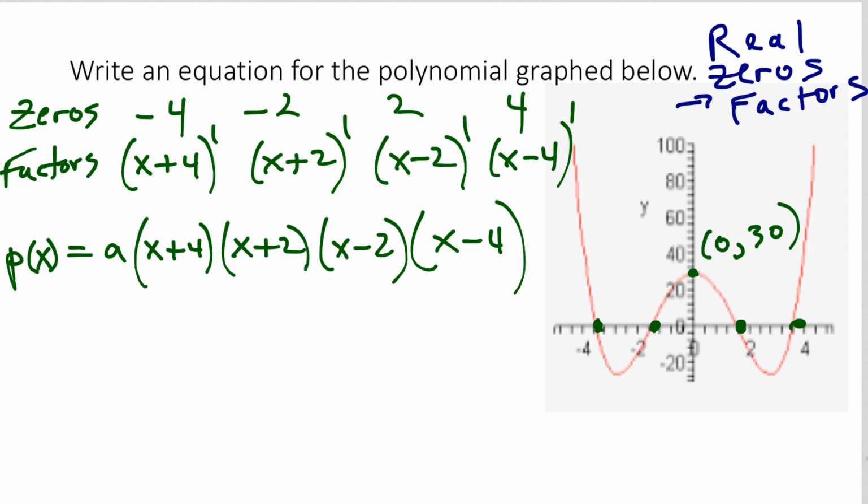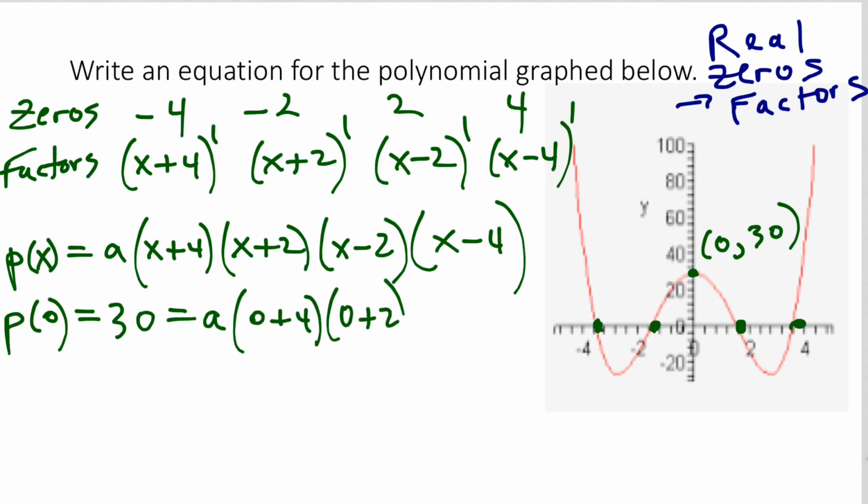All right, and we do know that the y-intercept p of 0 is equal to positive 30. All right, which is equal to a times 0 plus 4 times 0 plus 2 times 0 minus 2 times 0 minus 4.